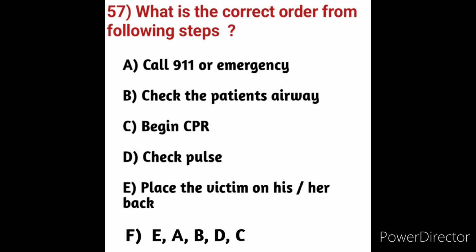Next, check the patient's airway, check the pulse. If there is no pulse, we have to immediately start CPR. So the steps are E, A, B, D, C. All the steps are correct, but according to the correct order it is E, A, B, D, C. Next we will move on to question number 58.